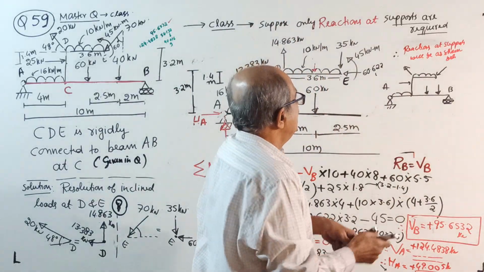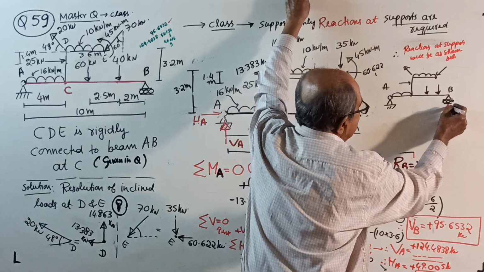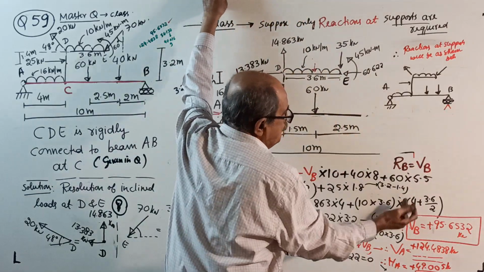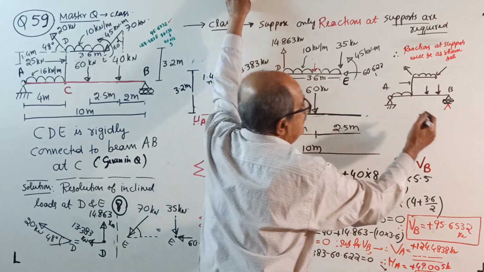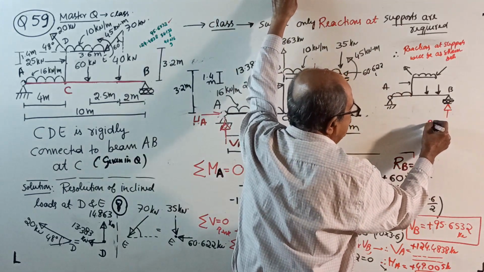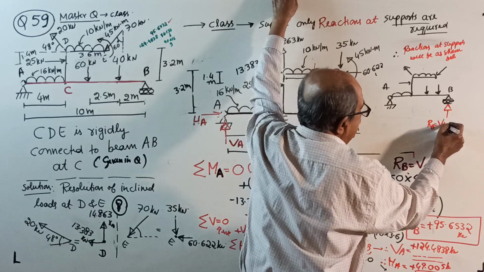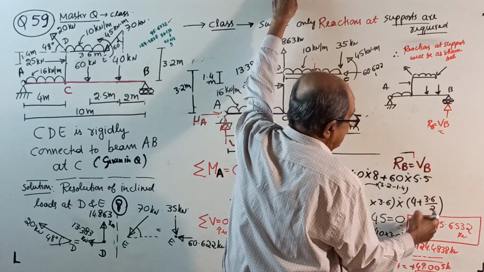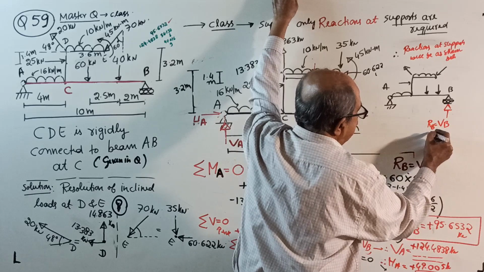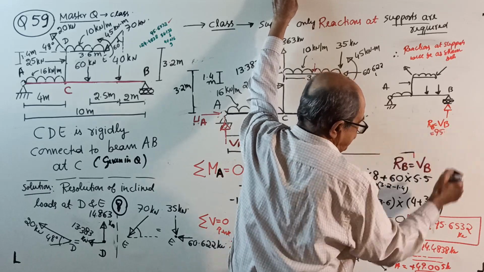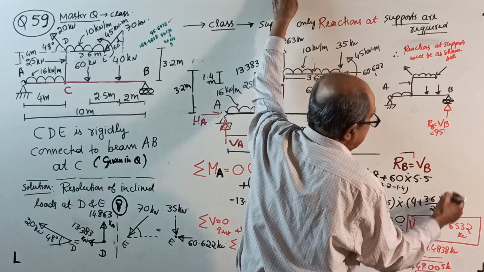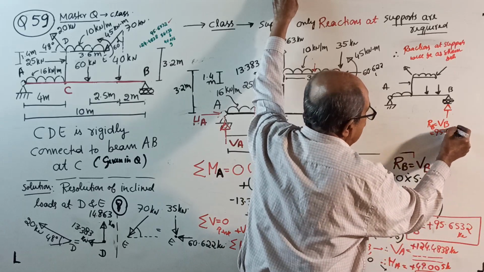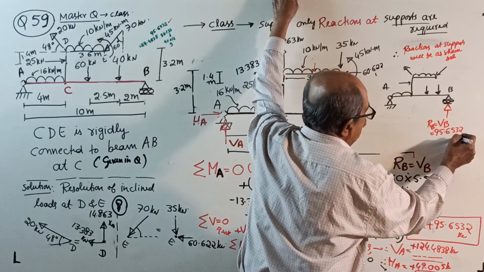Everything is not required. The final reaction is, see, we took VB, RB upward, so RB is equal to VB upward, equal to 95.6532 kilonewton.